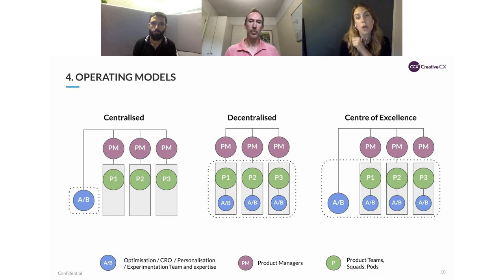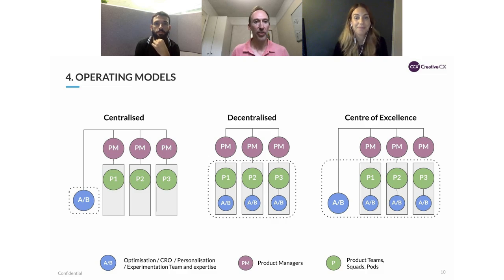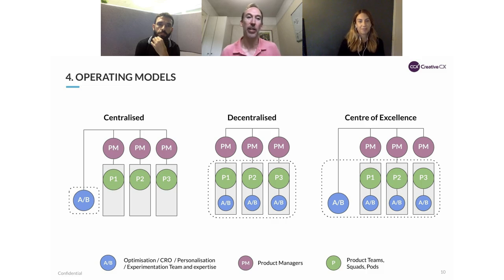It feels like it will not be scalable, and you could potentially become a blocker if you don't start to consider including all of those other teams in your decision making around your testing program. Yeah, so it almost forces you to move from the typical centralized optimization team, doesn't it? Because server side naturally requires that you get involved in other teams, that you move towards a centre of excellence.